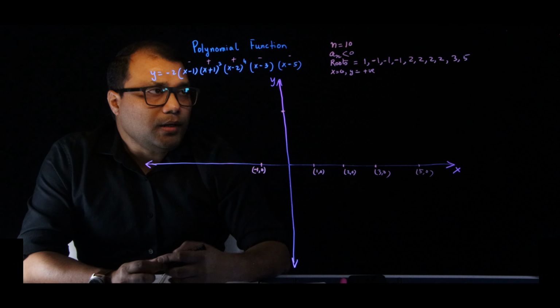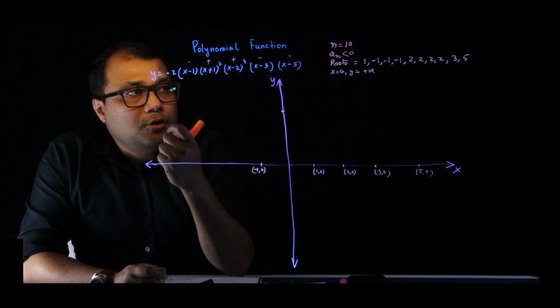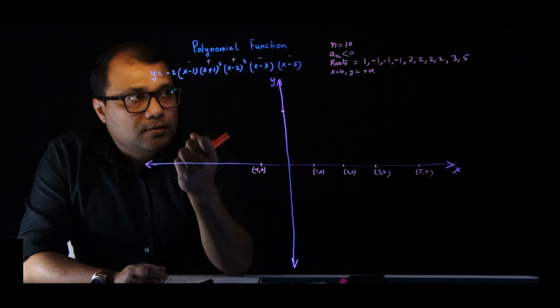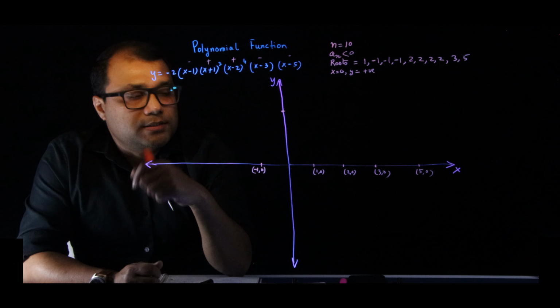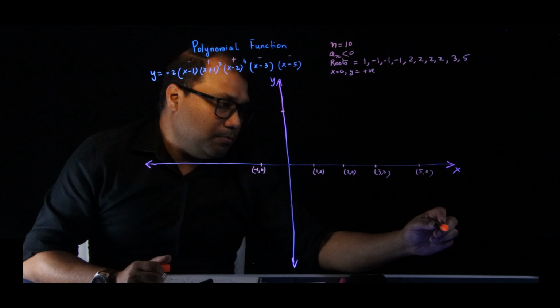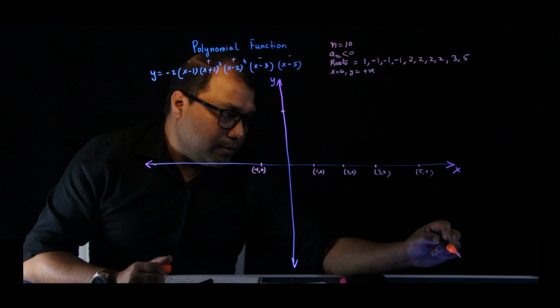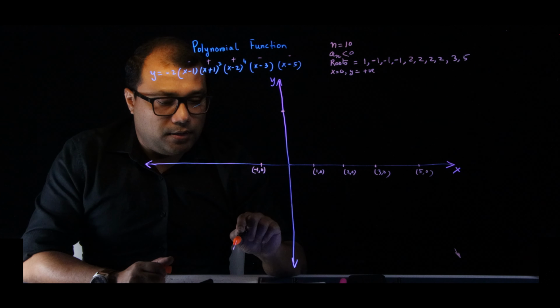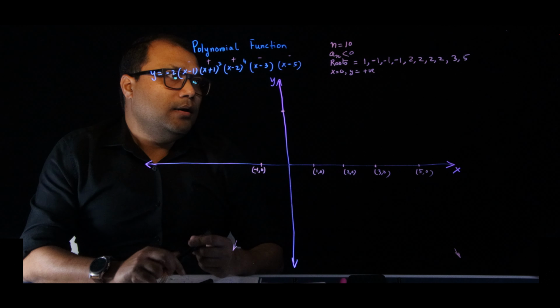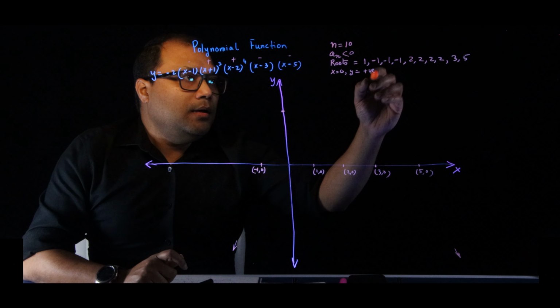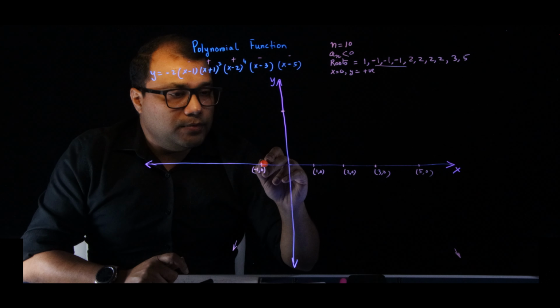Now this is a polynomial whose degree is even and the leading coefficient is less than 0. So the polynomial must end up here and here. Now it crosses minus 1.